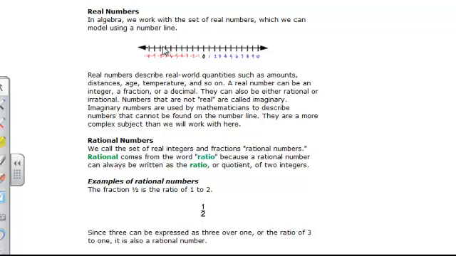And the way you can think about it is with this number line, a real number is any number that would fall onto this number line. So it describes real world quantities. So it's anything that would fall on a number line. So that includes integers, which are the actual hatch marks here. So -1's an integer, -8's an integer.